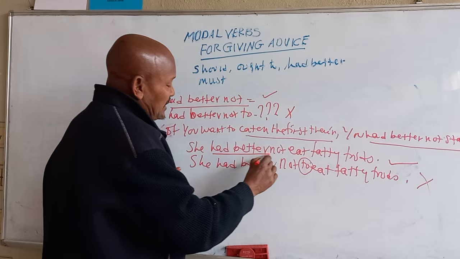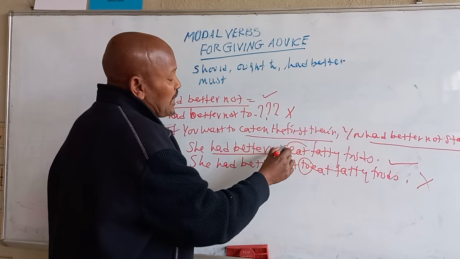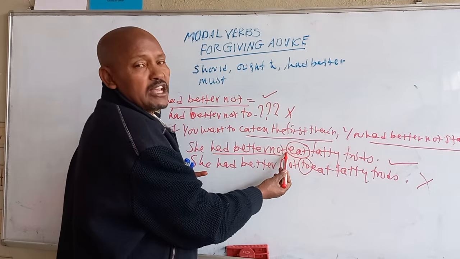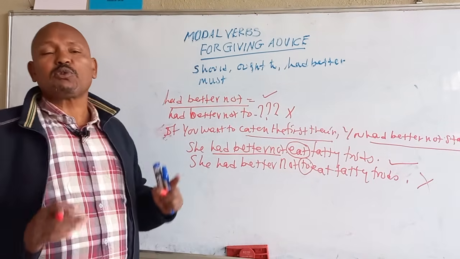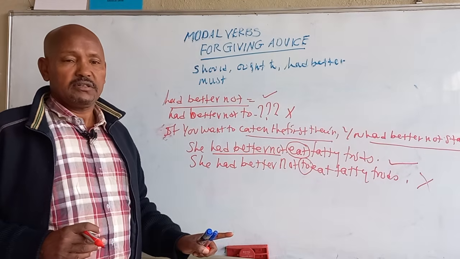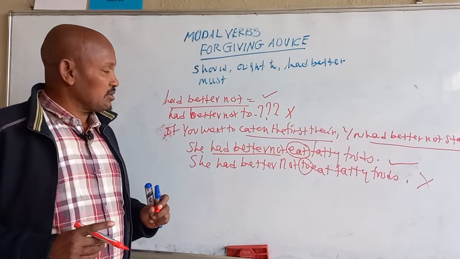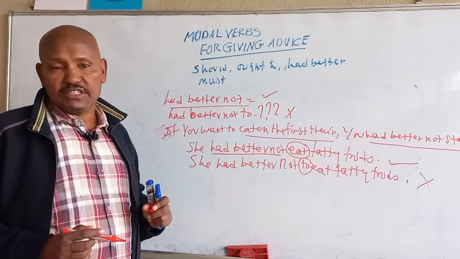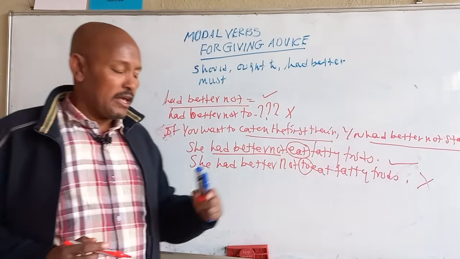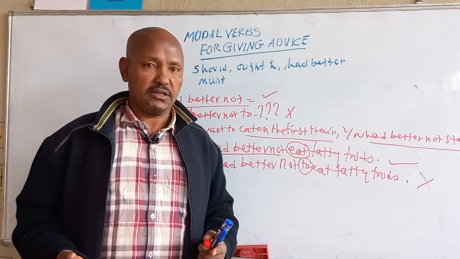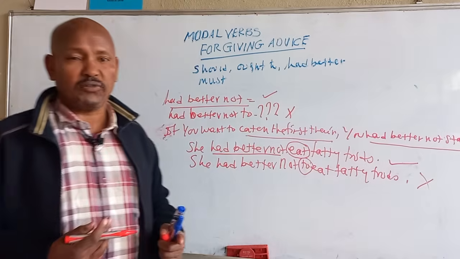Whenever you use "had better not," the base form of the verb is not preceded by "to," it's not allowed. It means it is not advisable for her to eat fatty foods because it brings problems to her health. So we can say "had better not," which is the negative form of "had better."